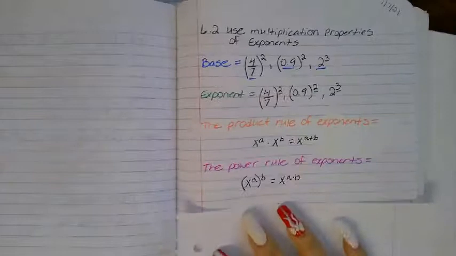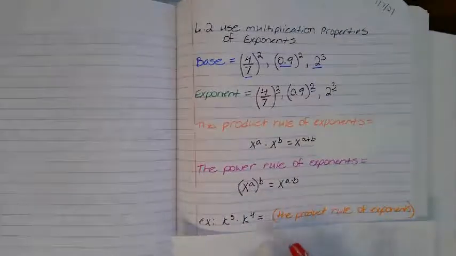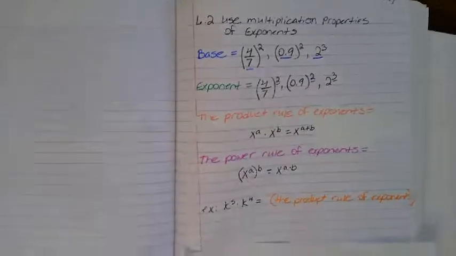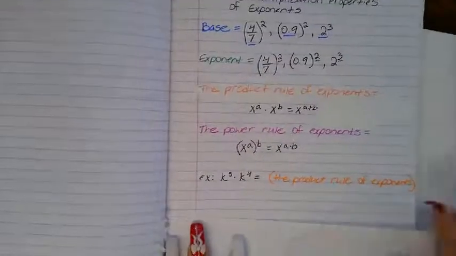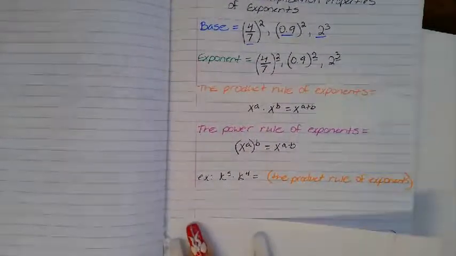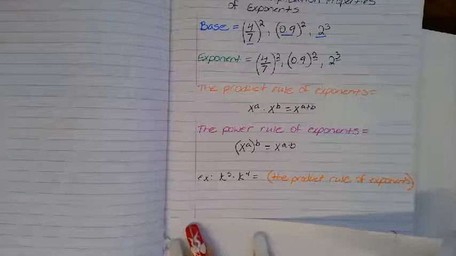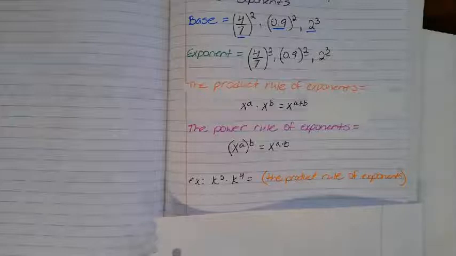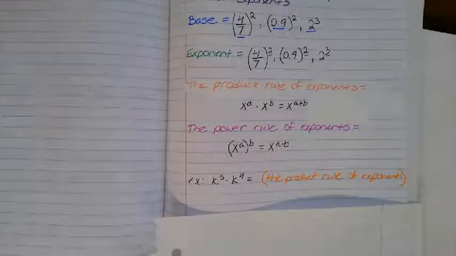Let's see what's on here next. Okay, so now I wanted to put a couple of examples. Let's look at the first one. You don't have to write this here unless you want to, but this one would be an example of the product rule. Okay, so if we have k to the 5th times k to the 4th, how's that going to look?